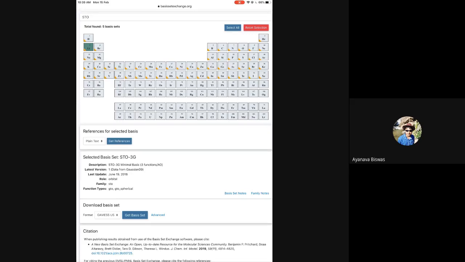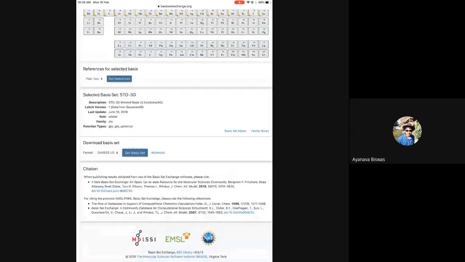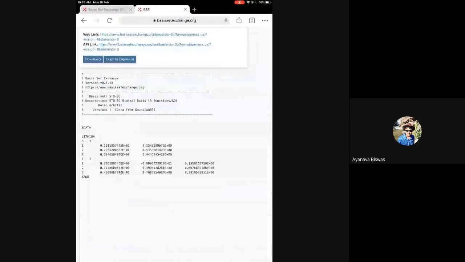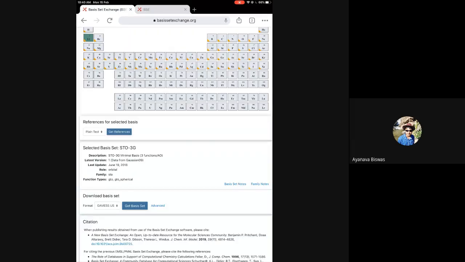It used to be just the EMSL basis set library, and now they have made some sort of collaboration. So let's see. For lithium, you have 1s and then 2s, but then they say it's L. I think they have changed the format maybe.